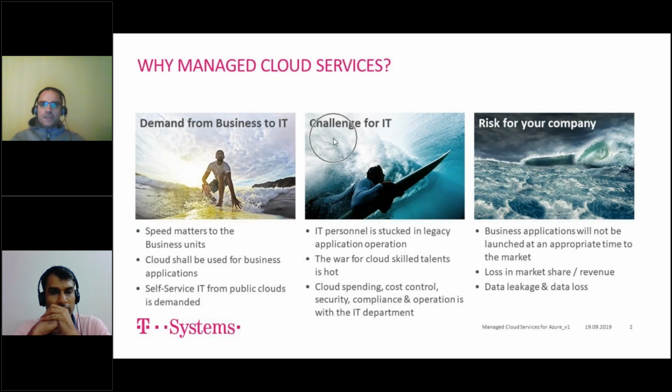But the challenge is that IT oftentimes lags behind when it comes to cloud technology, so they don't really know how to handle those technologies. The risk for your business is to either miss out by not applying those technologies, or if you do it wrong, you might run into trouble, like security issues. Those are the challenges that T-Systems helps you with.